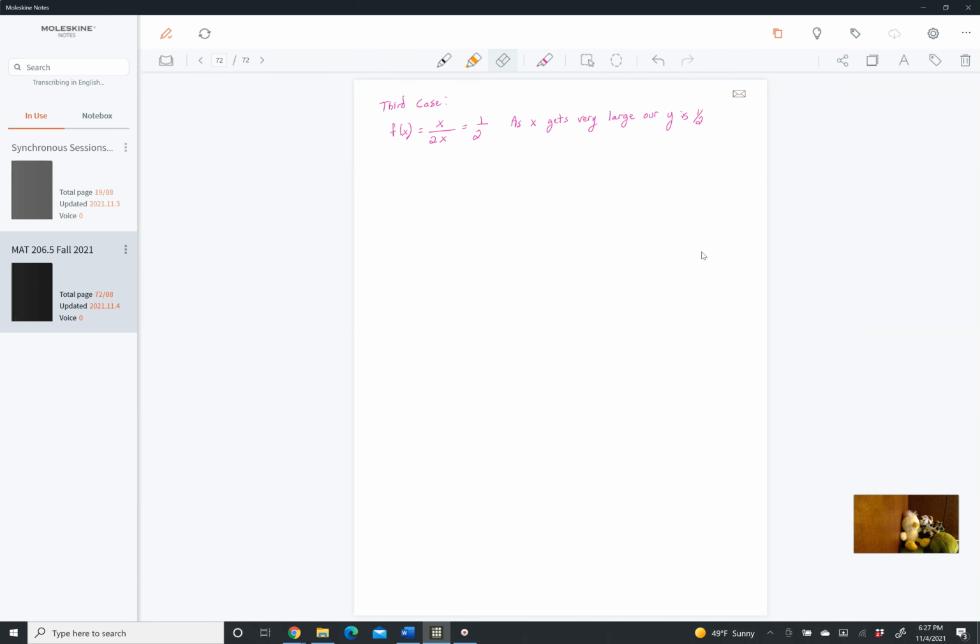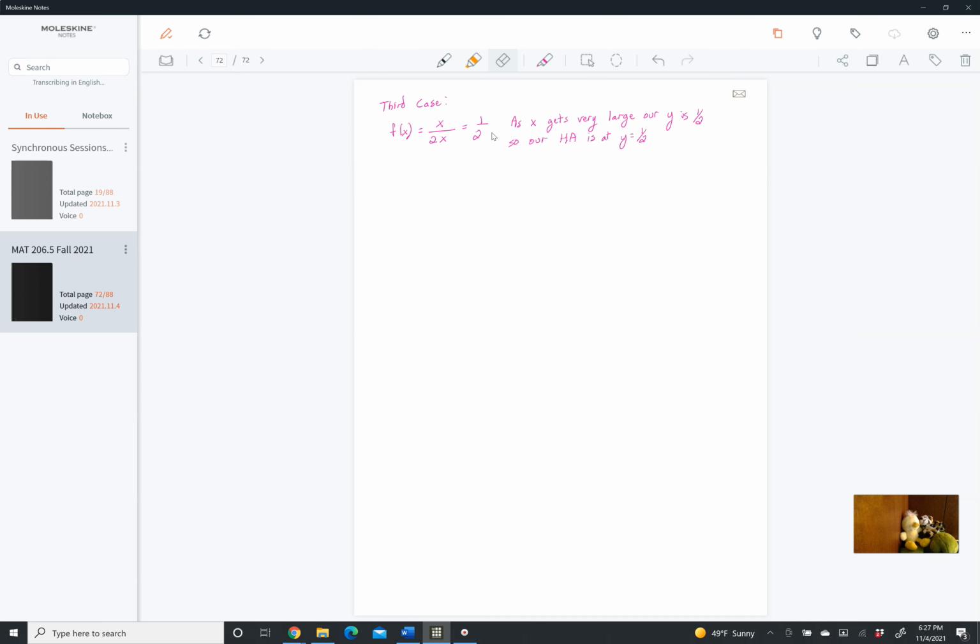Our y is 1/2. Whether we plug in x equals 1 billion or x equals 2, the x's cancel. So we're left with 1/2. And that means our horizontal asymptote is at y equals 1/2.